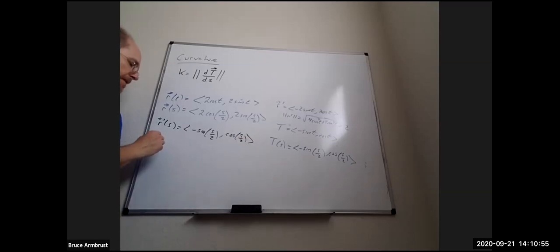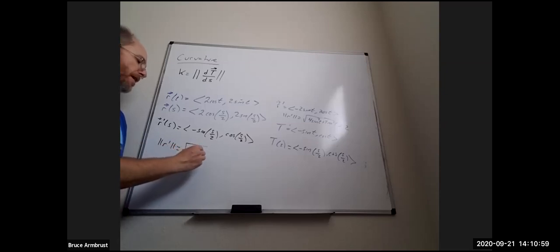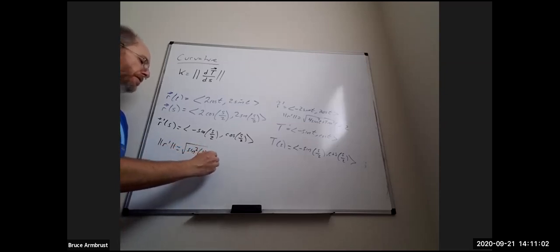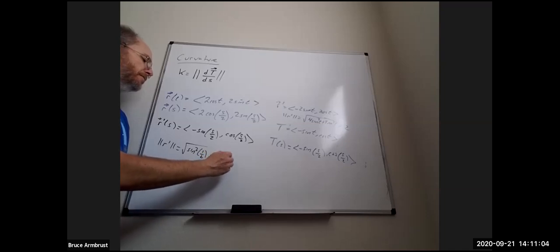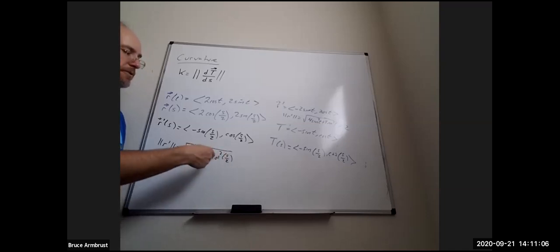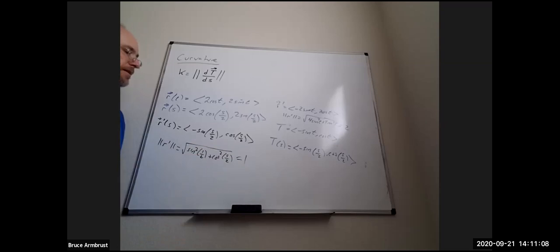The magnitude of this, square root of sine squared S over 2 plus cosine squared S over 2. Well, sine squared plus cosine squared is 1, square root of 1 is 1. So dividing by the magnitude is itself. And notice that these two are equivalent.